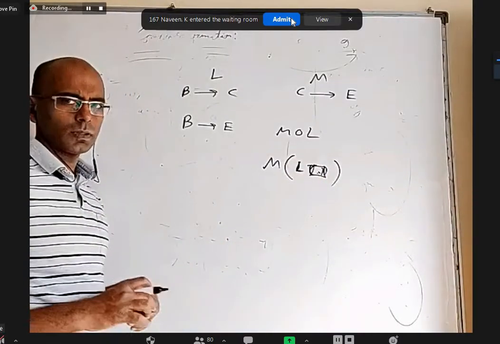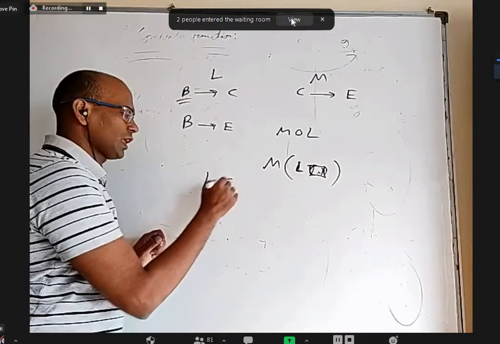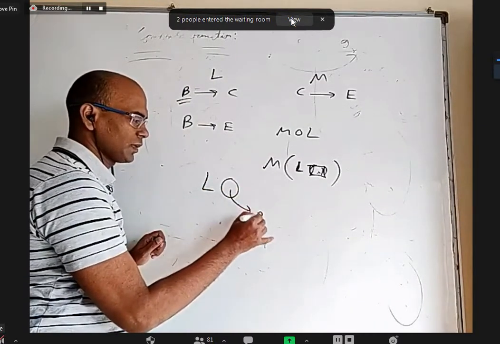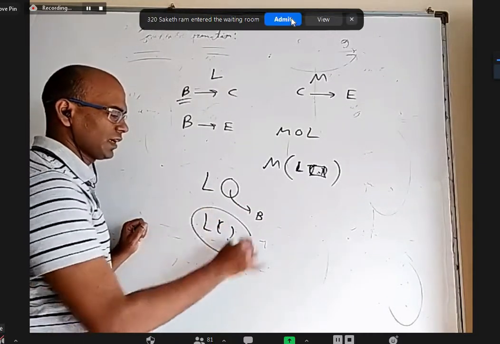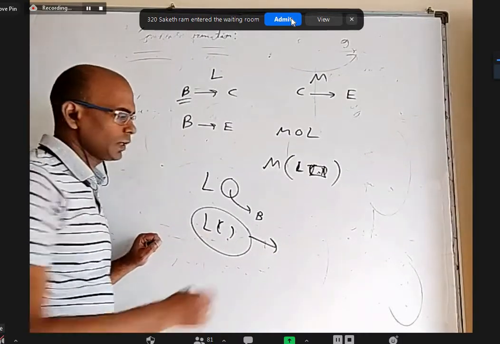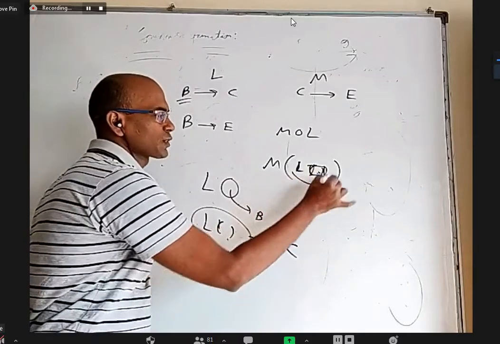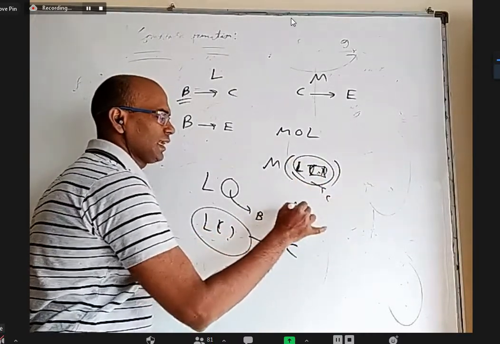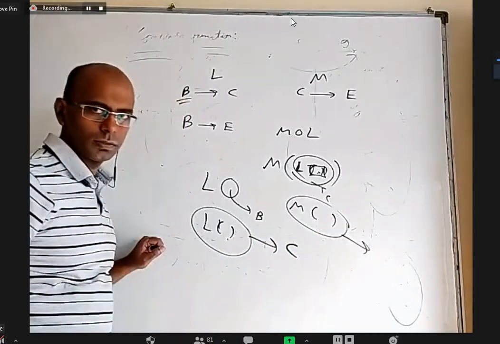Set B. That is the domain of L. So when you talk L of something, that will belong to set B. And the answer you get, L of something, will belong to set C. When you put that in M, M of some element which is in C, the final answer will be in E.